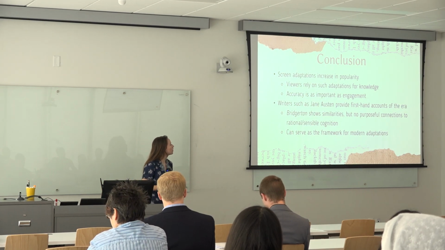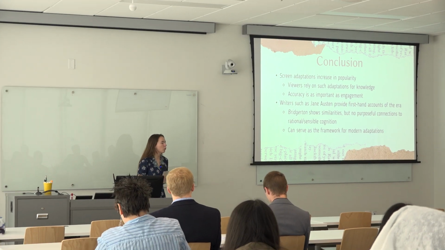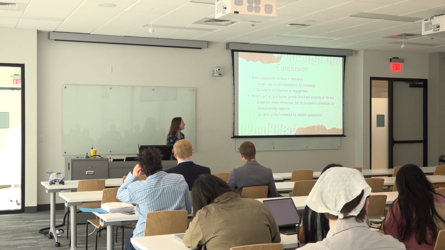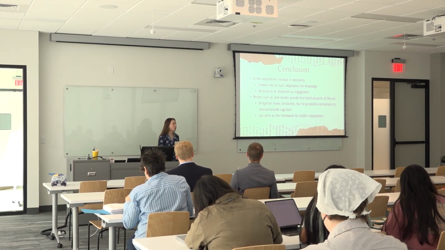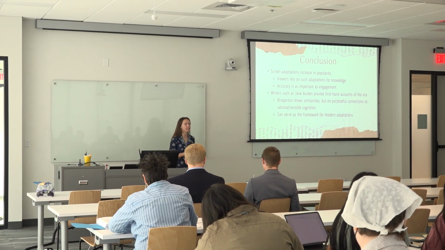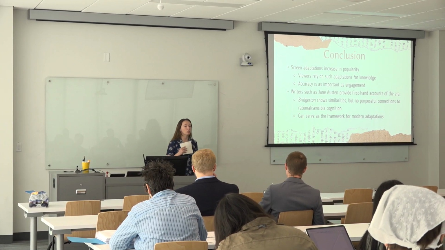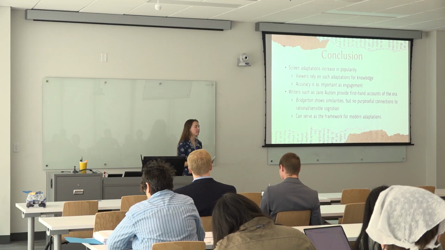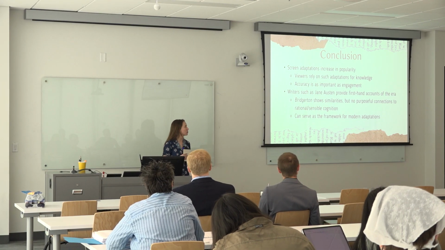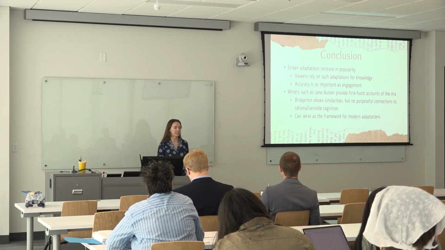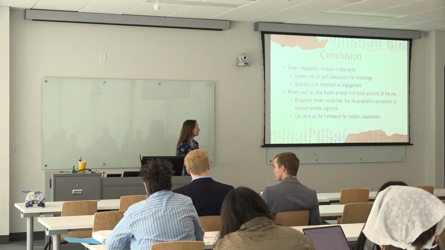So to conclude, I wanted to compare Sense and Sensibility to Bridgerton because screen adaptations are increasing in popularity, arguably more than reading. So because of that, viewers rely on such adaptations for knowledge and perspective of Regency era history.